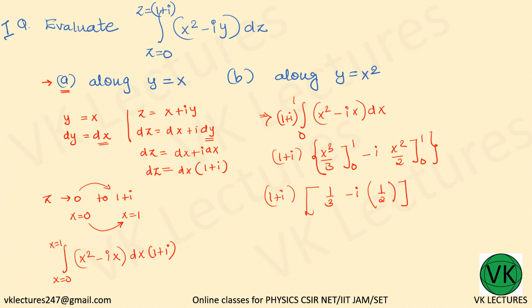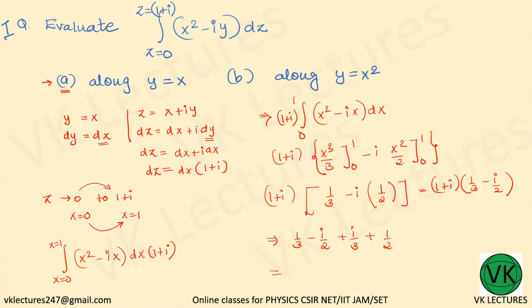Now what we can do is multiply each term. Starting with 1, this is equal to 1 plus i into 1 by 3 minus i by 2. So that gives us 1 times 1 by 3 is 1 by 3, minus i by 2, plus i by 3, plus i times i is minus 1, minus of minus is plus, so 1 by 2.